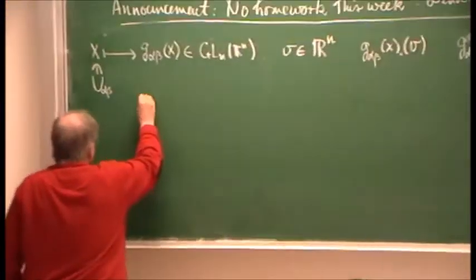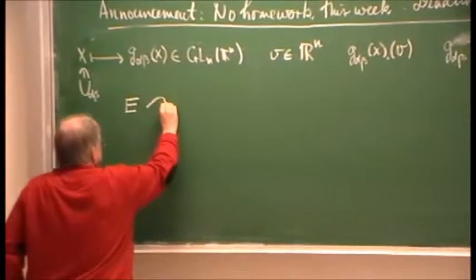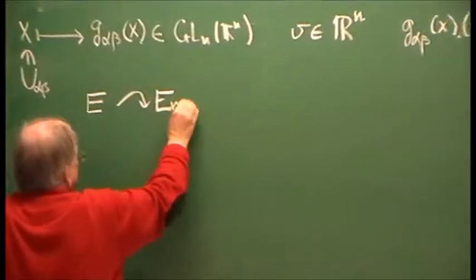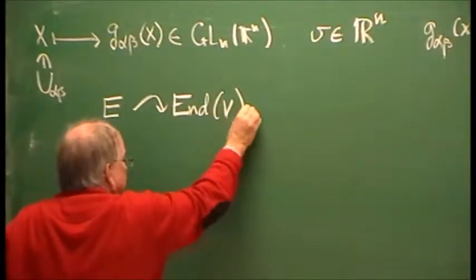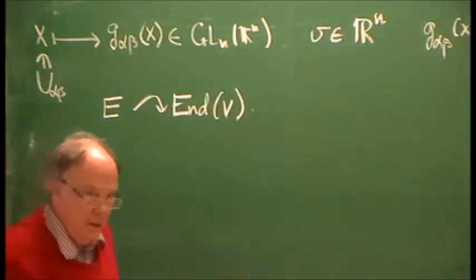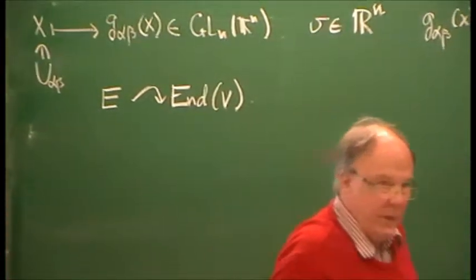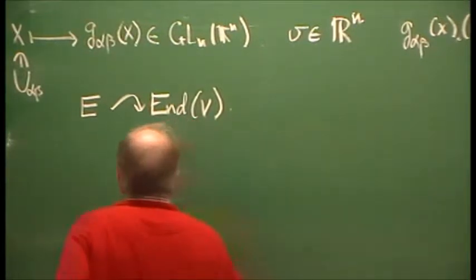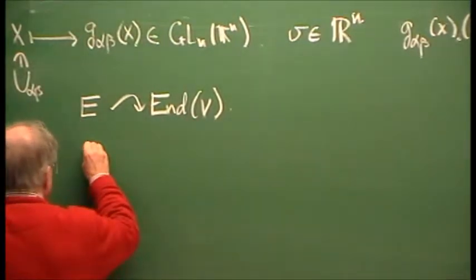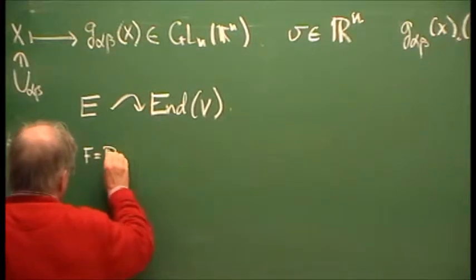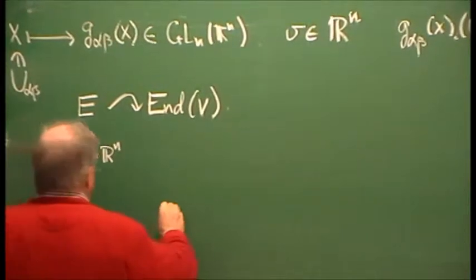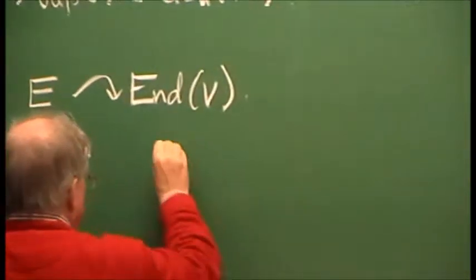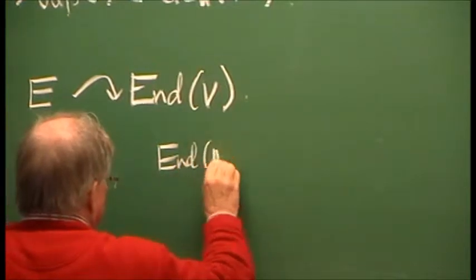Let's start with E, and let's go to the endomorphism. So the fiber here was Rn, and here the fiber is the endomorphisms on Rn.